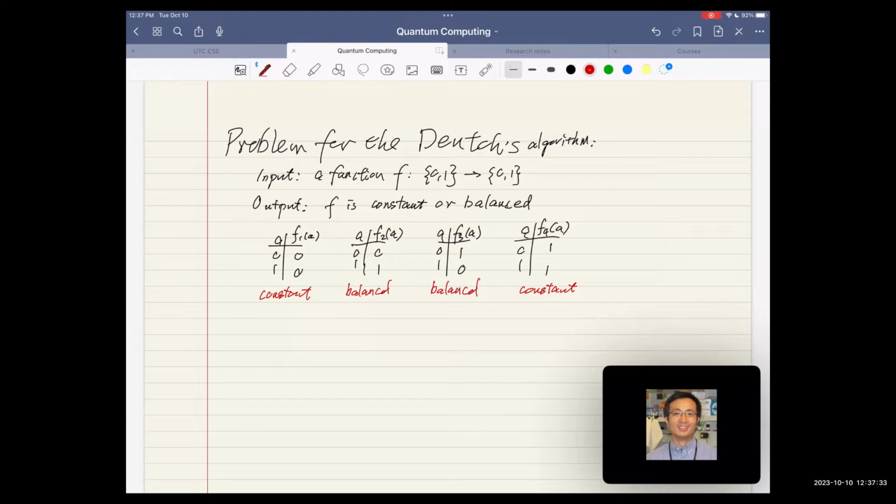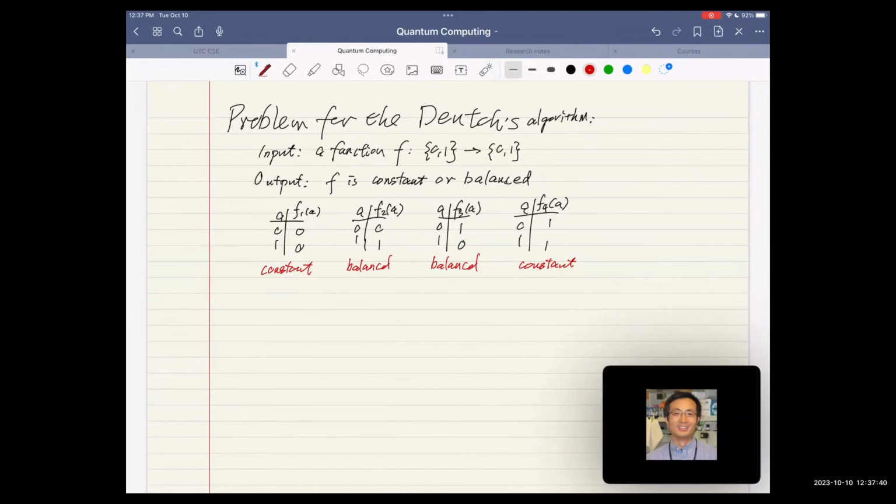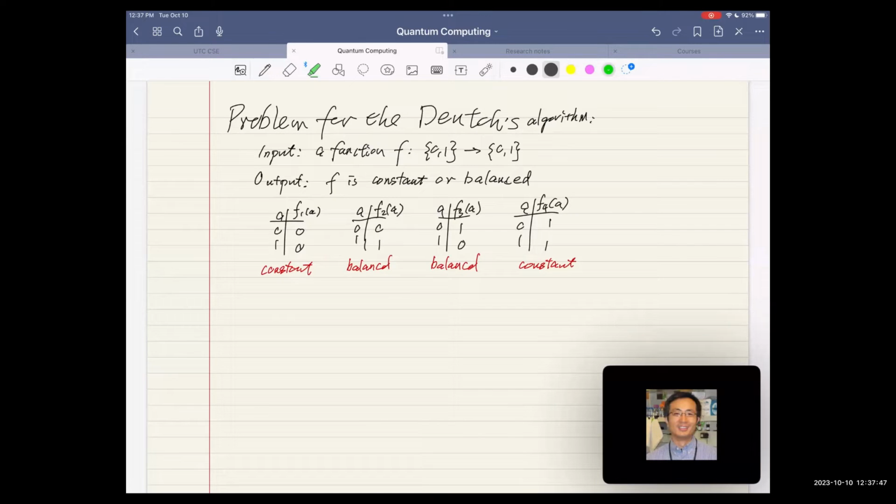So it's really a very toy situation just for proof of concept. In this case, we have the input function, so f4 and f1, we call constant. f2 and f3, we call balanced.